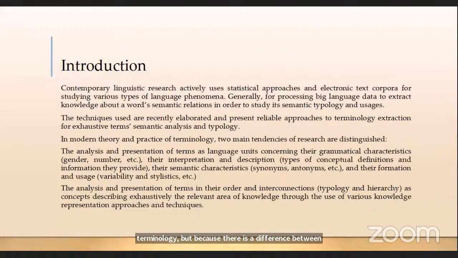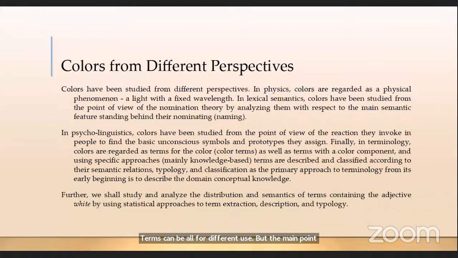Terms are classified according to different types of classification. The main characteristic of that classification is the hierarchical structure, which is very suitable to be presented as an ontology.